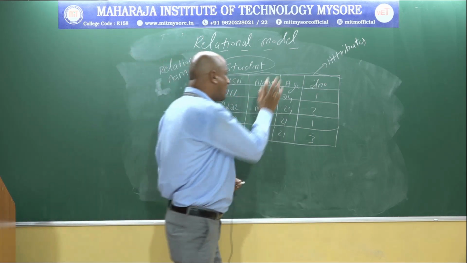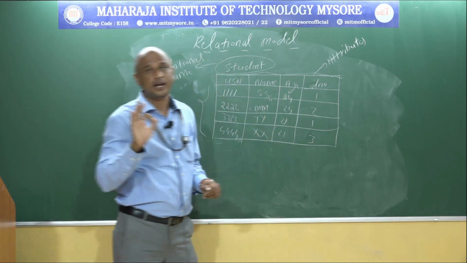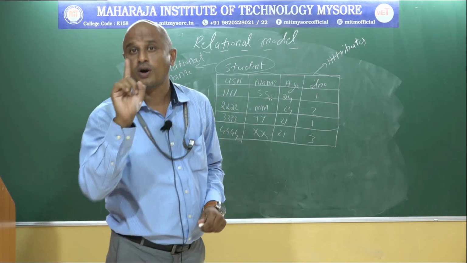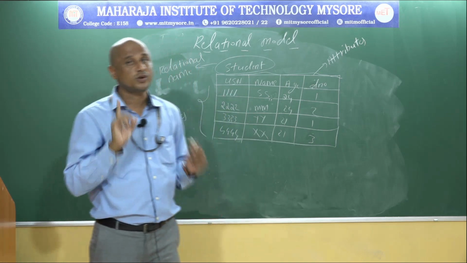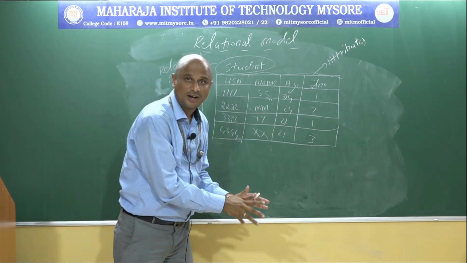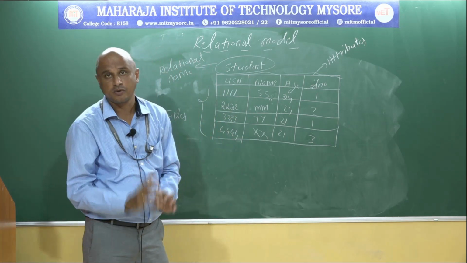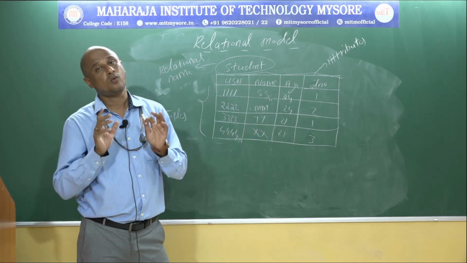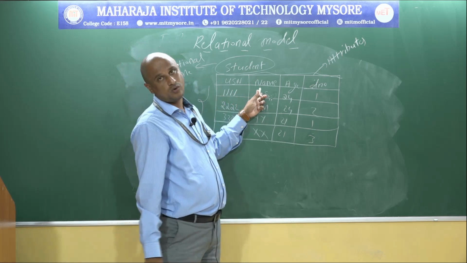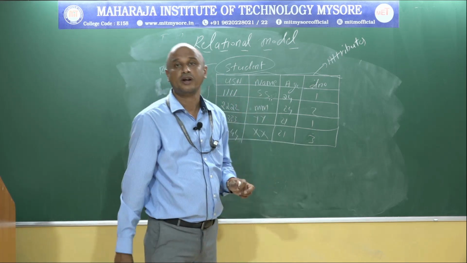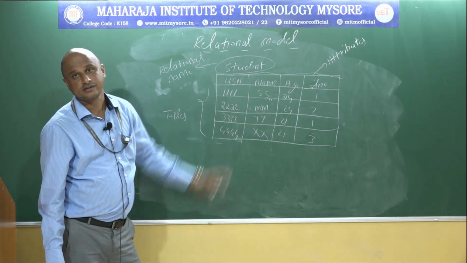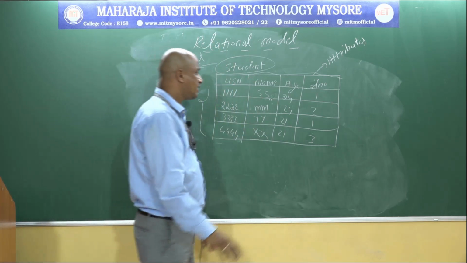There is only one value for each row and column. That is called a relational database.